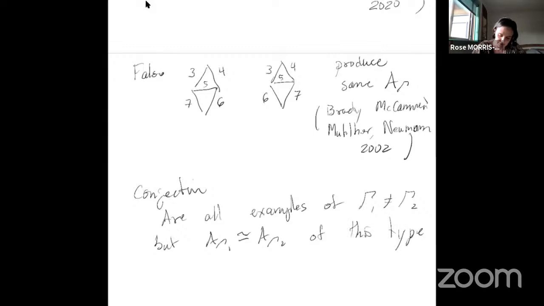In this paper they have a very concrete way of defining what I think they call a twist, which is what they're doing when they interchange the labels on these two lines. So the conjecture is that this is the only way to get counterexamples like this, but this is very much open.